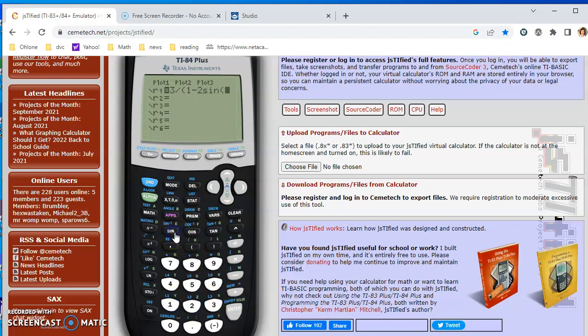Is it sine theta? Or is it cosine? Oh, cosine. Delete, cosine theta. So close it and close it. So then we do zoom 5.